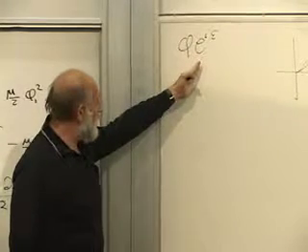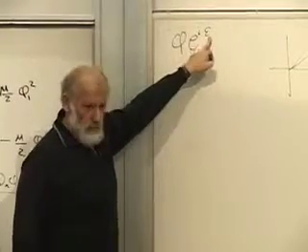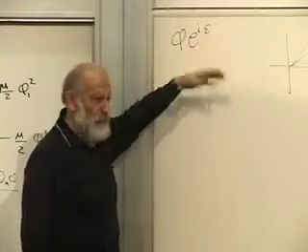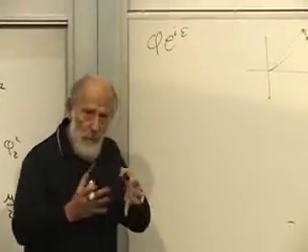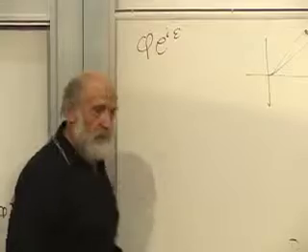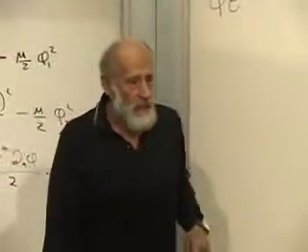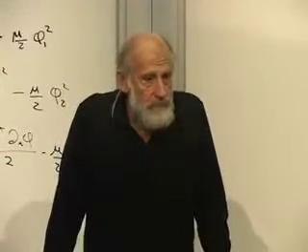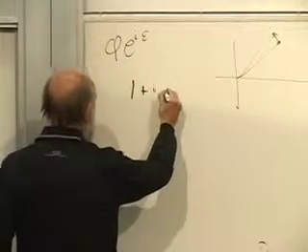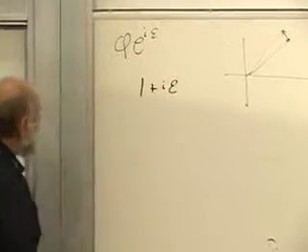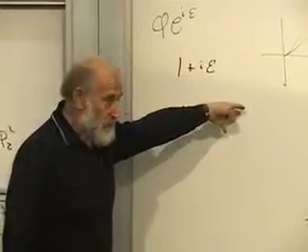Okay. Epsilon, I'm imagining for the moment that epsilon is very small. We don't have to, but I want to make contact with the idea of a small transformation involving a small parameter epsilon. If epsilon is small, what is e to the i epsilon? It's 1 plus i epsilon, plus things higher order in epsilon.